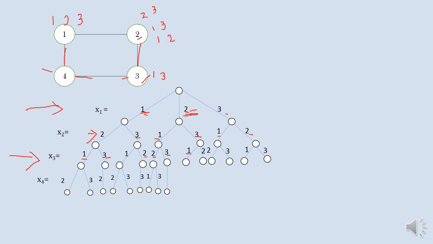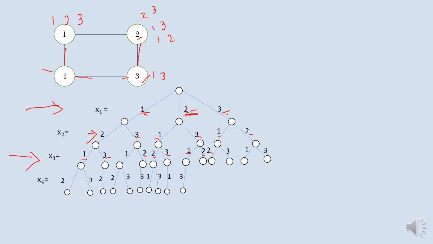If x1 and x3 have been colored with the same color 2, then vertex 4 can be colored with the remaining two colors, either 1 or 3. So we have two choices, 1 or 3. At this level, we have x1 given the color 3 and x3 given the color 2.